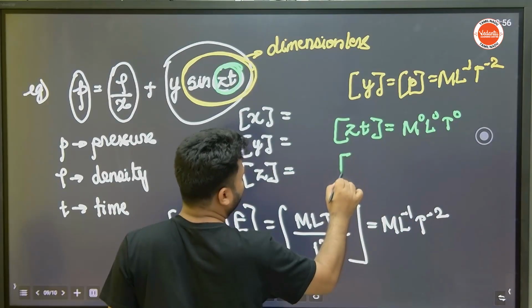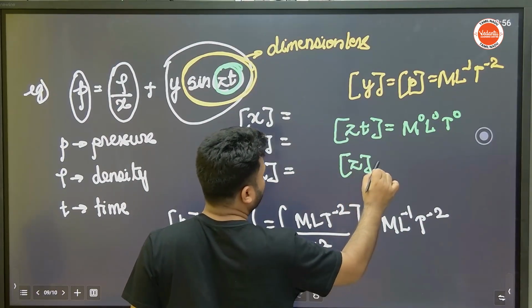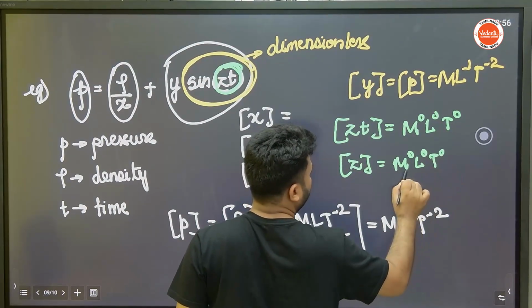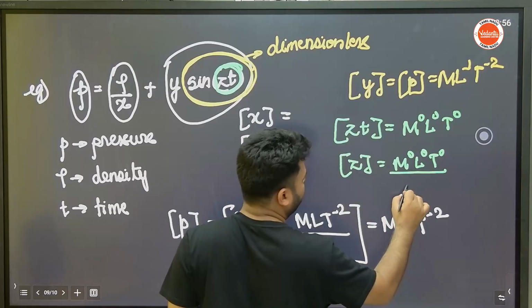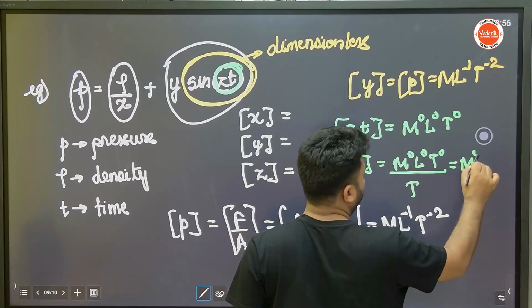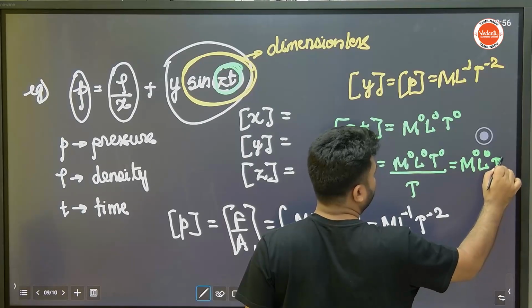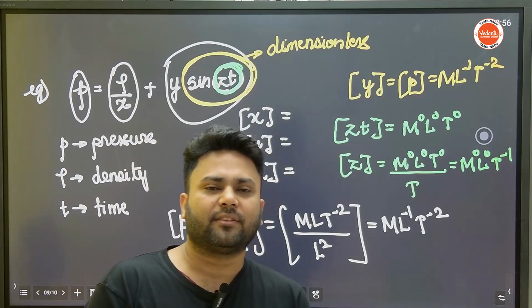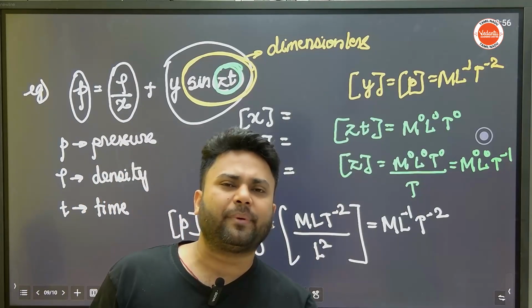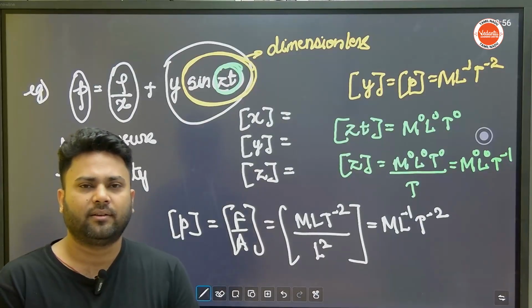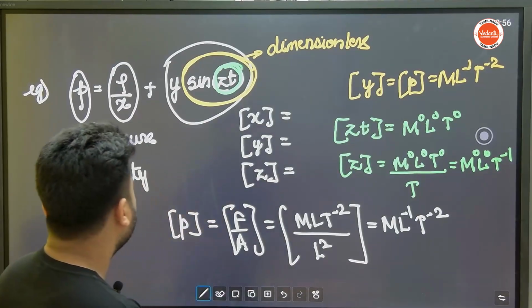So if someone asks what is the dimension of Z, this T will come here, so finally it will become M0 L0 T minus 1. This is how we are finding the dimension. Very easy. You just have to practice a little bit. Correct? Okay.